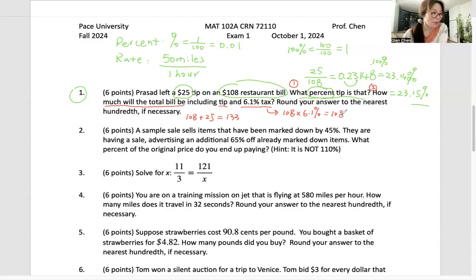In the calculator, we do have a percent sign actually. Let me try that. In my calculator I do 108 multiplied by 6.1, then I hit the percent sign.